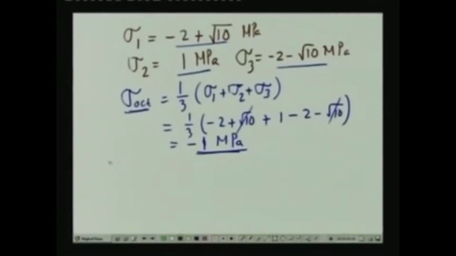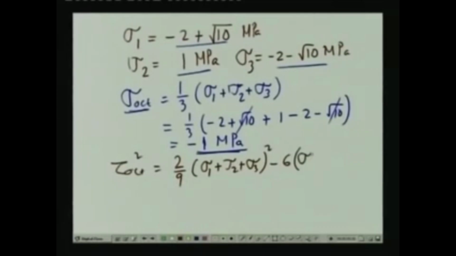For tau octahedral we compute it in this form: tau octahedral square is equal to 2 by 9 times [(sigma 1 plus sigma 2 plus sigma 3) square minus 3 of (sigma 1 sigma 2 plus sigma 2 sigma 3 plus sigma 3 sigma 1)].